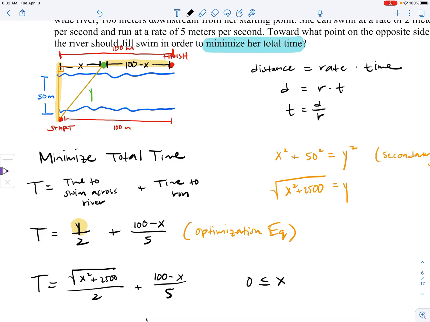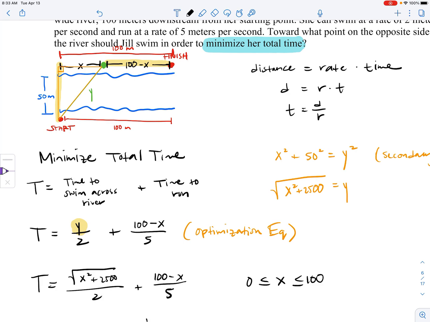So I'm going to say x has to be greater than or equal to 0. And then the most that x could be would be 100. That would be if she swam directly to the finish line and didn't run at all, because x represents the distance that she's not running.